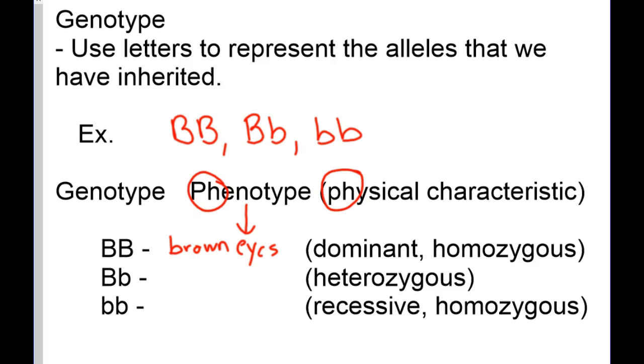So it actually wants to know the characteristic of the individual. Because the individual has two dominant alleles. Homo means same or similar.